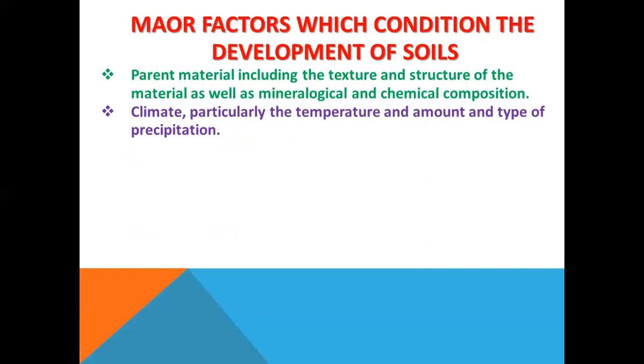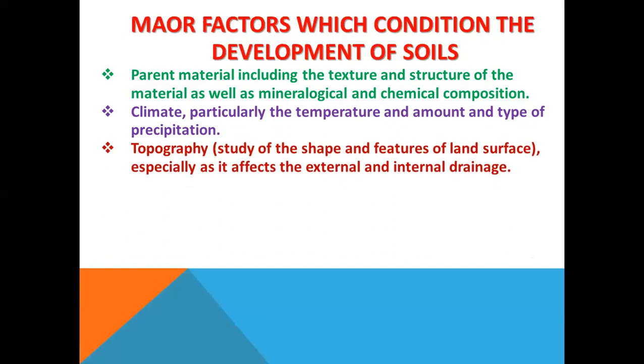Number two, climate, particularly the temperature and amount and type of precipitation. Number three, topography. It means the study of shape and features of land surface, especially as it affects the external and internal drainage.